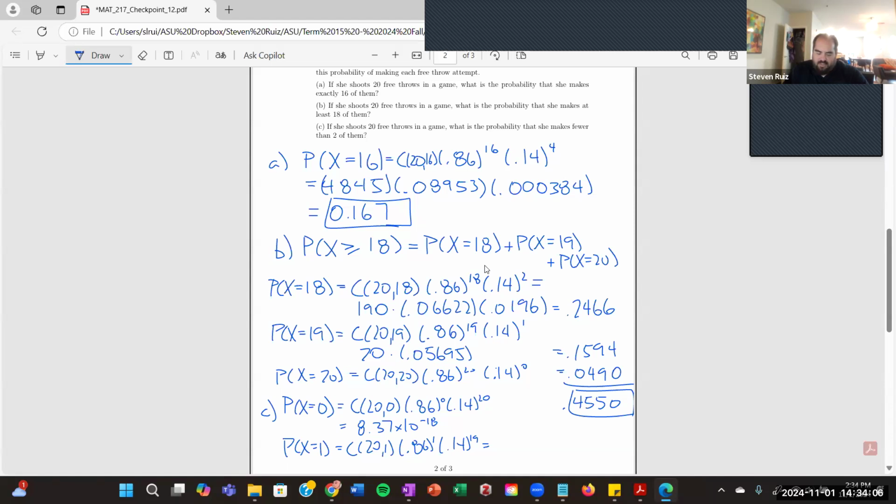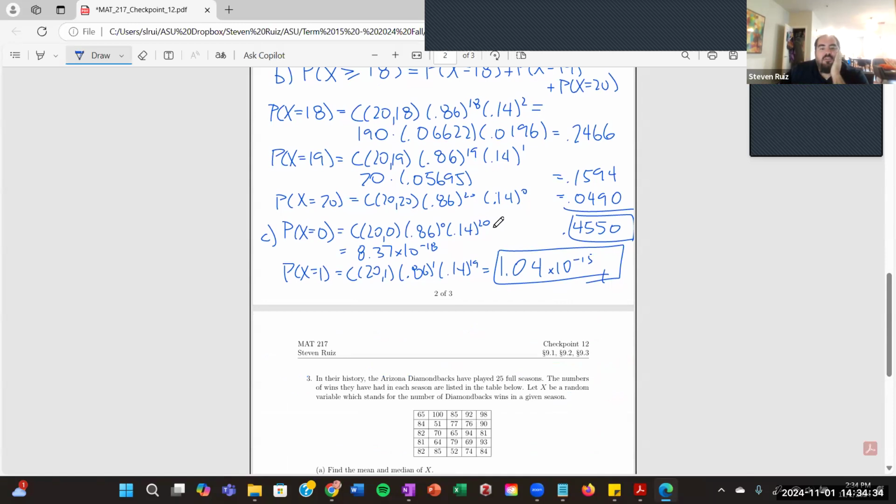Give this to me in scientific notation. All right, unless I lost count, I believe what I have is about 1.04 times 10 to the negative 15. So incredibly low probability that Caitlin Clark takes 20 free throw attempts and makes less than 2 of them. All right, so that's all for question 2.